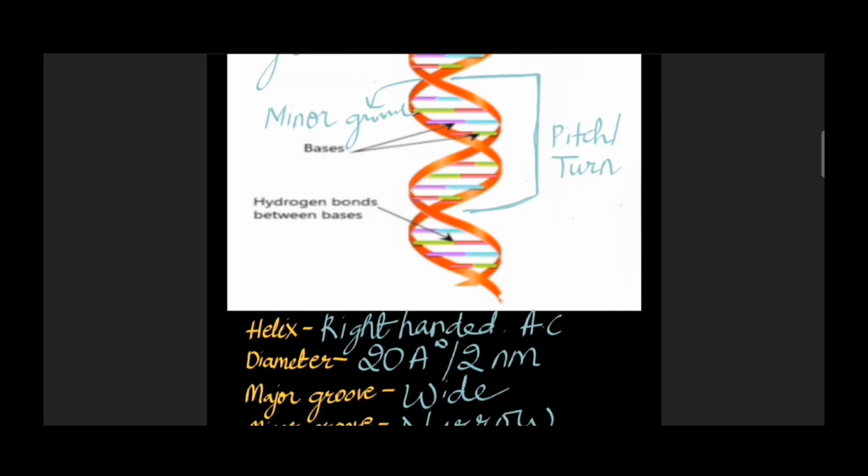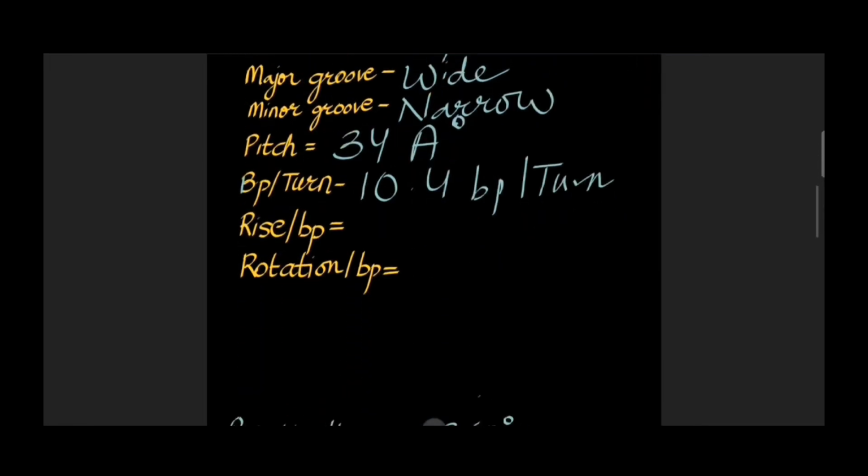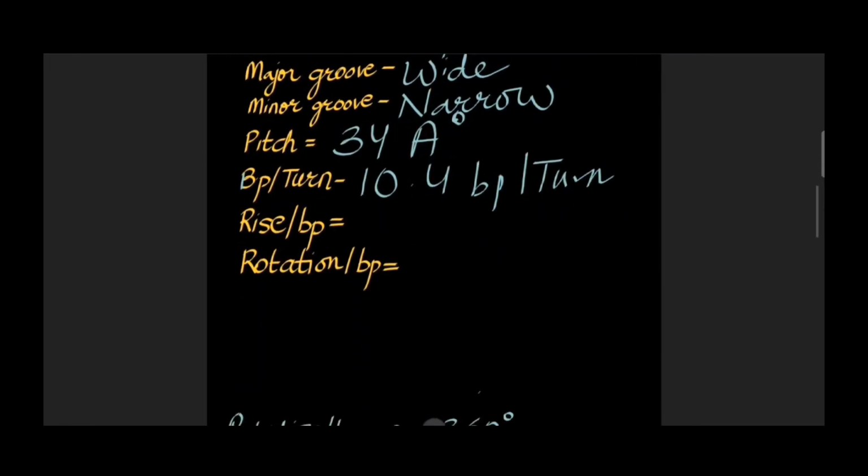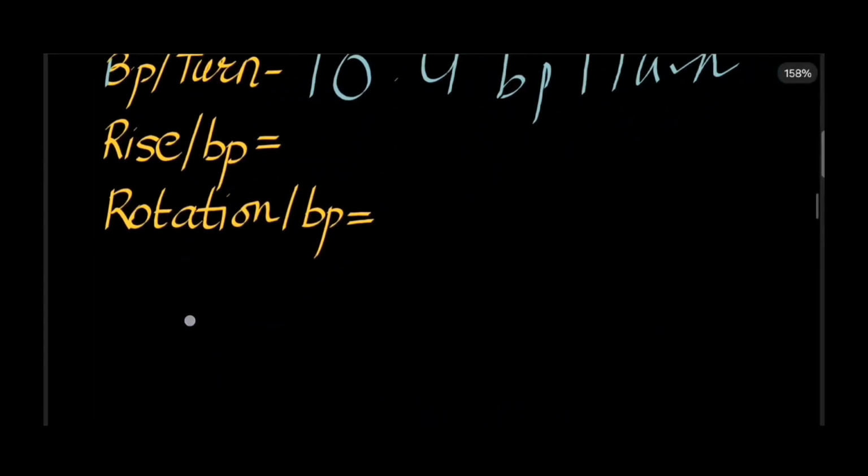Now let us see another one, rise per base pair. Rise per base pair means, for example, if there are two base pairs present, then what exactly is the height between two base pairs?